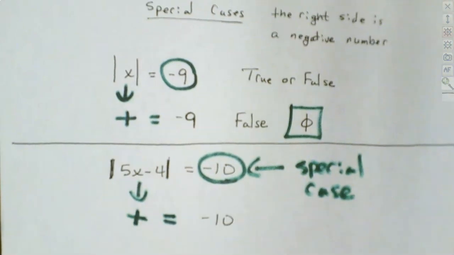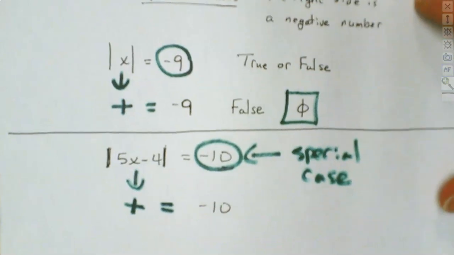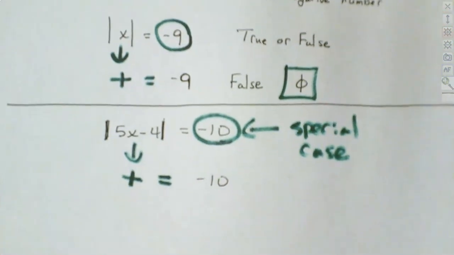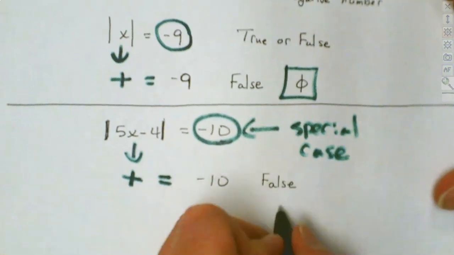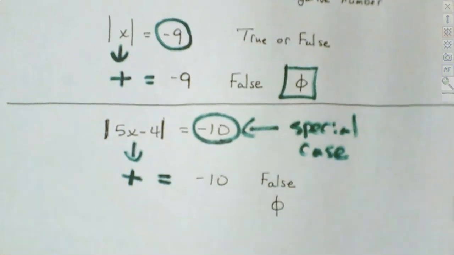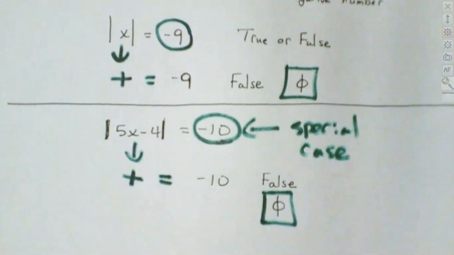Is there a positive number that equals -10? No. So that is false, and that means you have what? No solution. Because no matter what number you plug in, your answer is always going to be at the smallest 0 or a positive number. And so it can never be a negative number, so it has no solution.